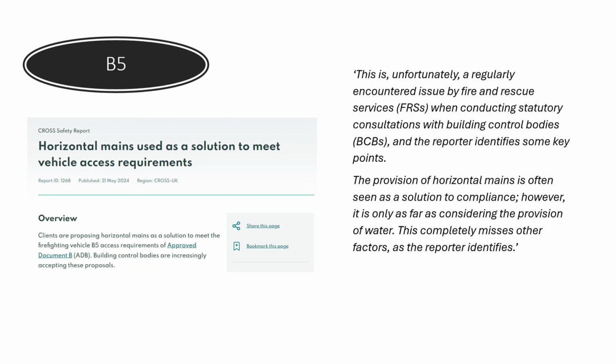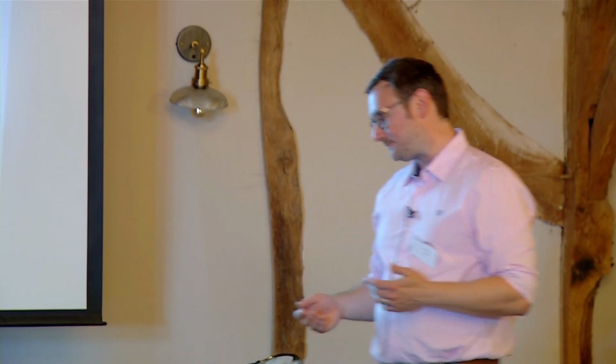So one of the things that they've highlighted is the provision of horizontal mains as a solution to meet vehicle access requirements. Because we live in leafy areas in the UK and you're trying to propose a new dwelling down a winding track and similar, often a proposal that's put forward by designers to building control and then to the fire and rescue services is for a dry riser installation, which enables the extension of that 20-metre rule.